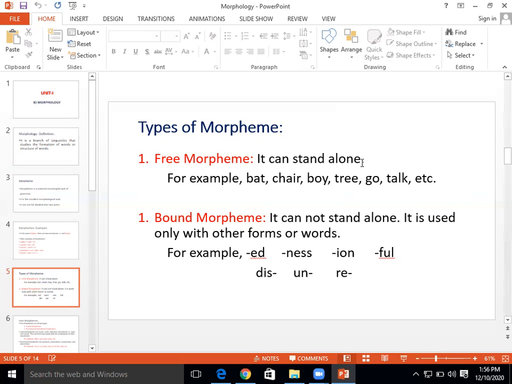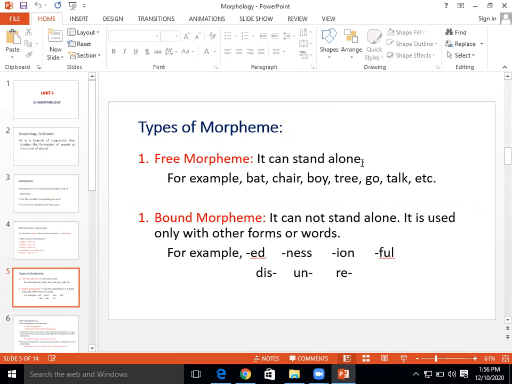So bound morphemes cannot stand alone. They do not have meaning. They do not come separately in the sentence. For example, ed or ness or maybe ion or full or un or re.